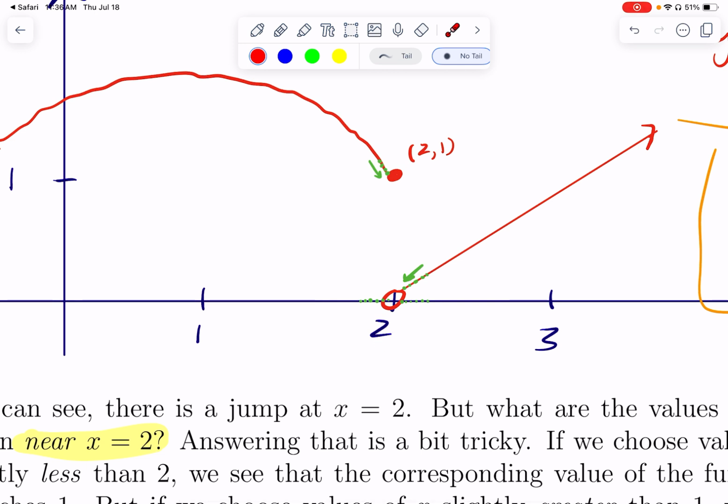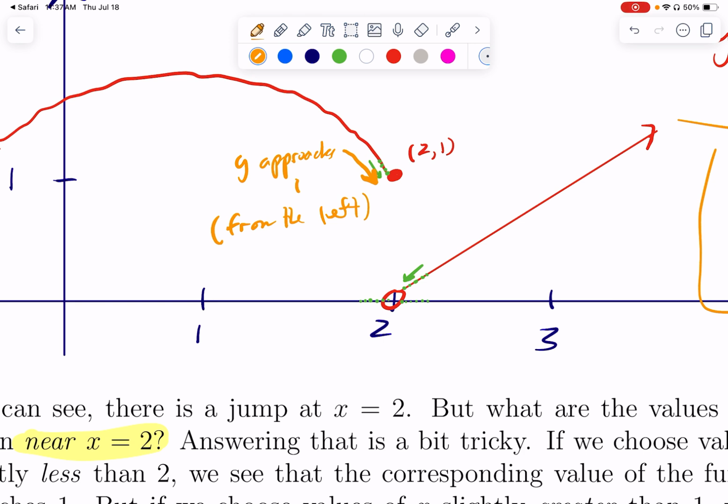So here's x equals 2. This is the region of the graph that is left of x equals 2. And if I am approaching x equals 2 from the left, I definitely have a pattern here, and y approaches 1 from the left.